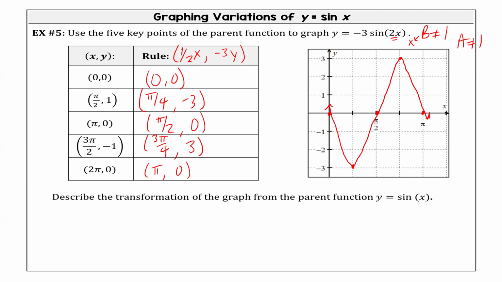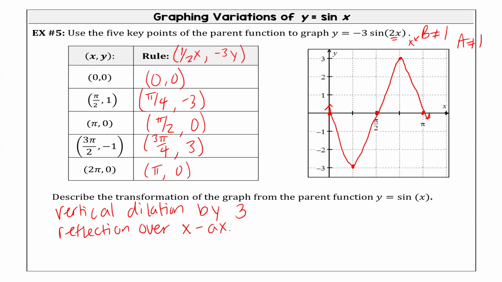So how did this transform from our parent function? So we have a vertical dilation by 3. The negative tells us what? We have a reflection over the x-axis.